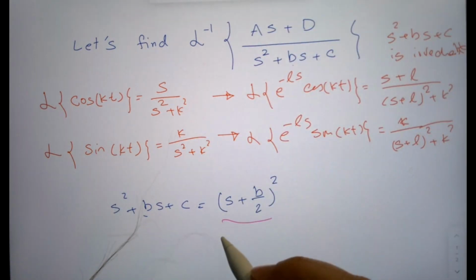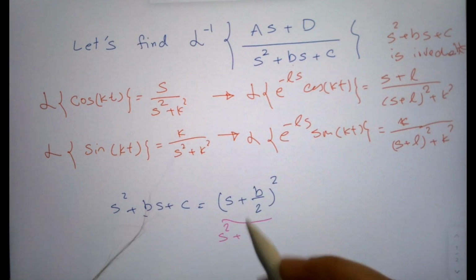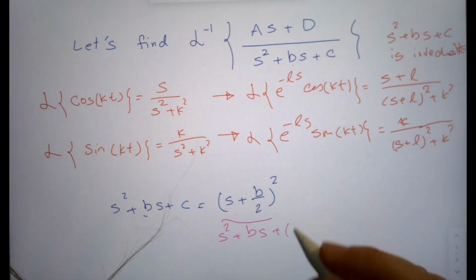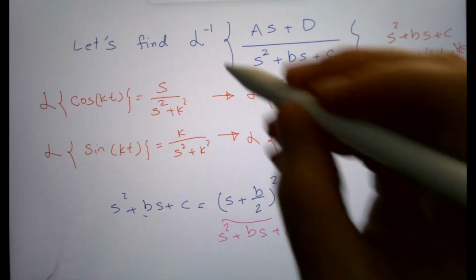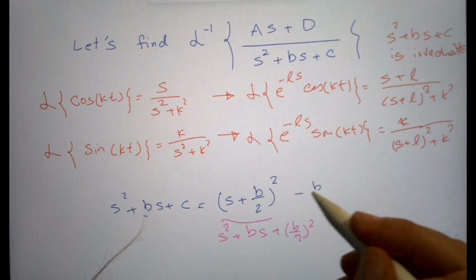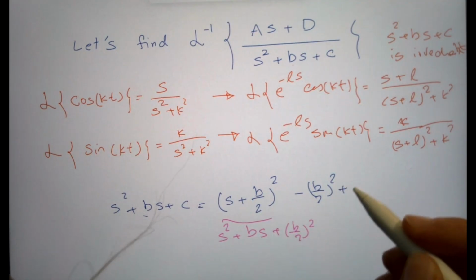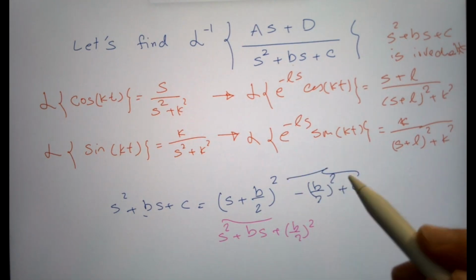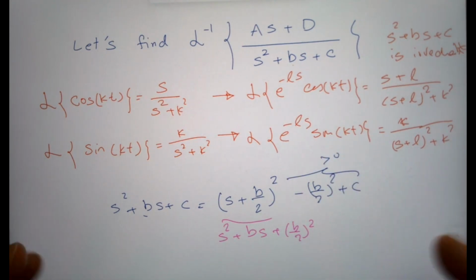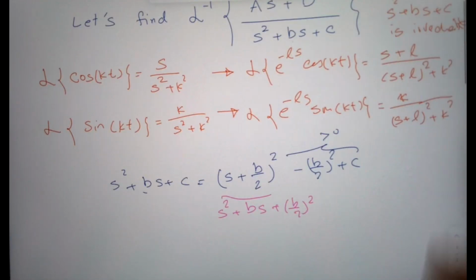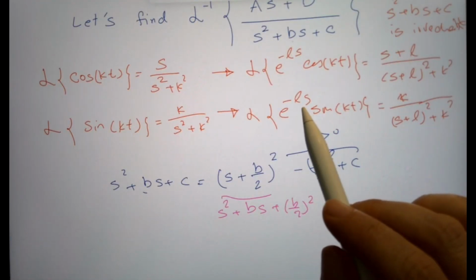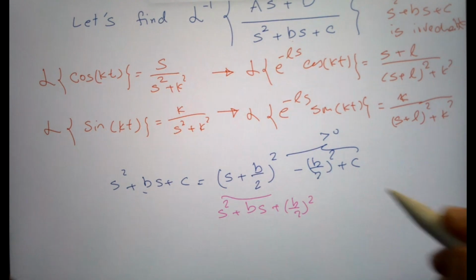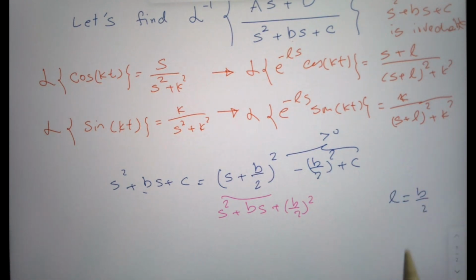Expanding this gives me s squared plus 2 times s times b half, which is b times s, plus b half to the power 2. So let's subtract b over 2 to the power 2 and add this c. By the way, because this is irreducible, this entire thing adds up to a positive number. So that's completing the square. That gives me the shift, so I know that my L in here is b half.